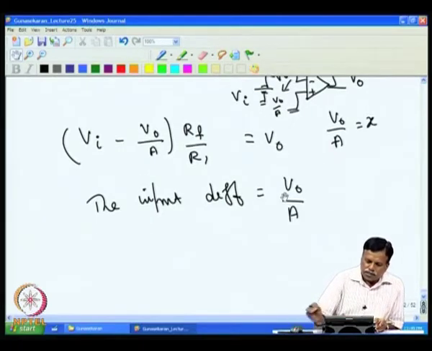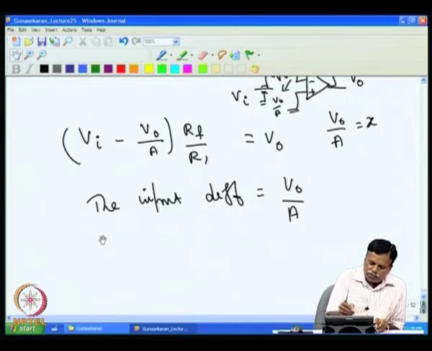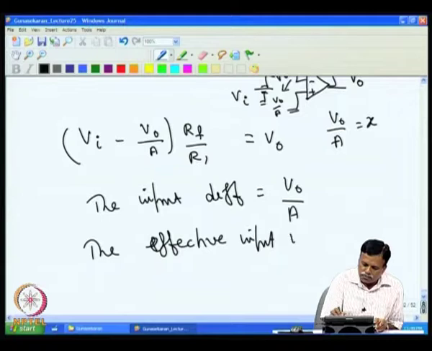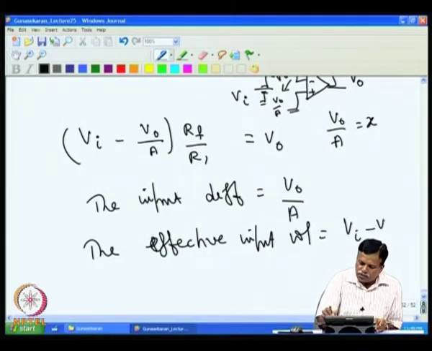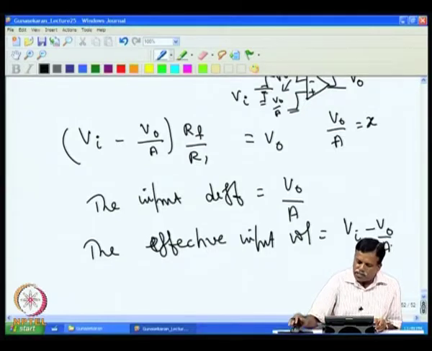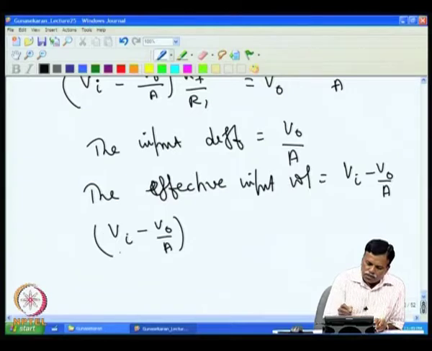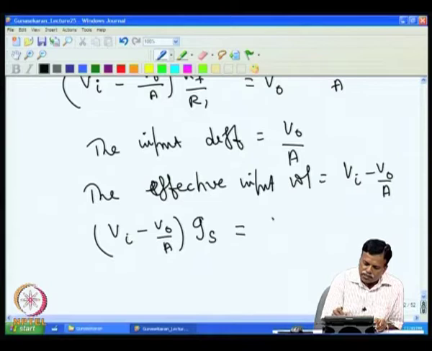So, the effective input voltage is nothing but VI minus V0 by A. That effective input voltage, VI minus V0 by A, into the set gain Rf by R1, is equal to V0.